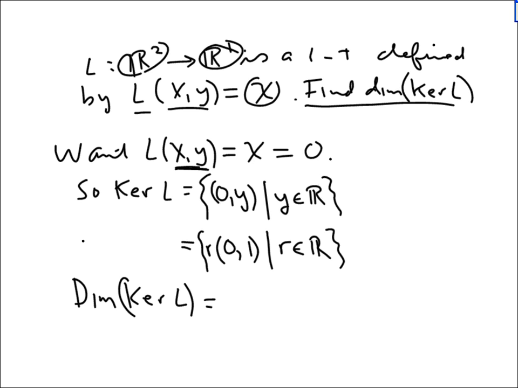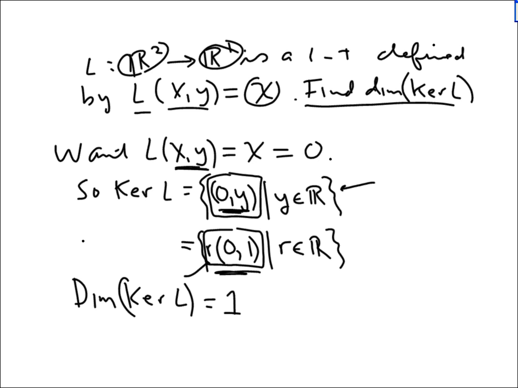To pick something in the vector space, how many different variables do I have to tell you the value of? For example, here, if I tell you y equals 7, then you get (0, 7). I have to tell you the value of one variable. Down here, if I tell you r is 7, then you get (0, 7). I have to tell you the value of one variable.